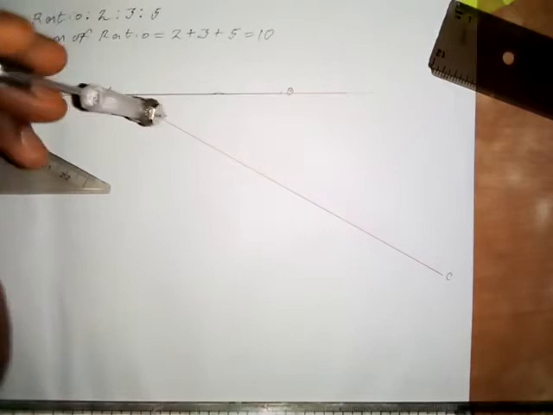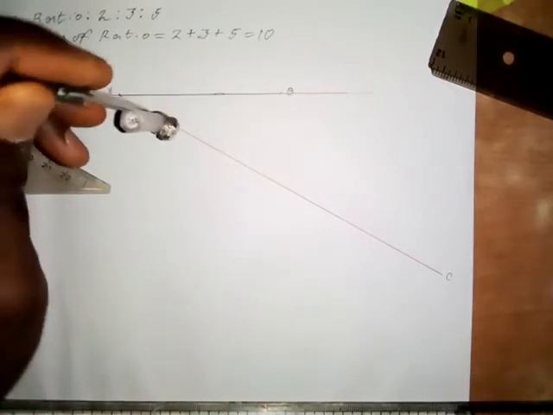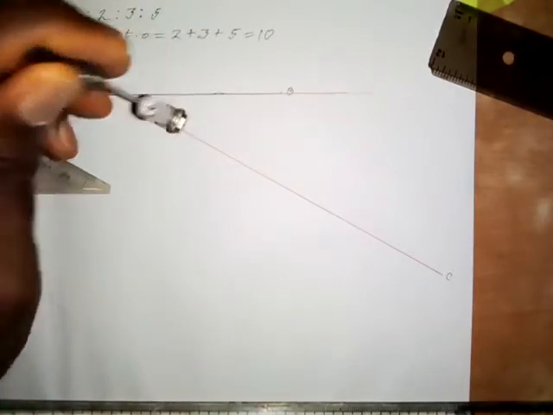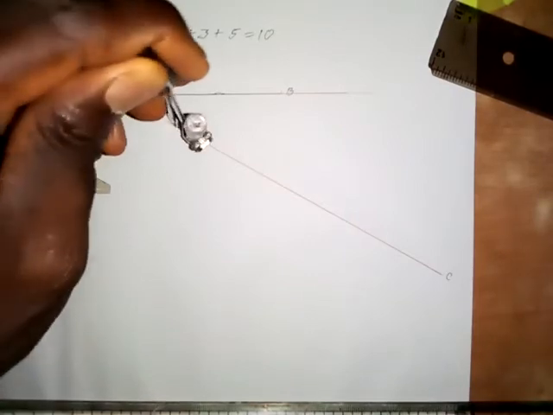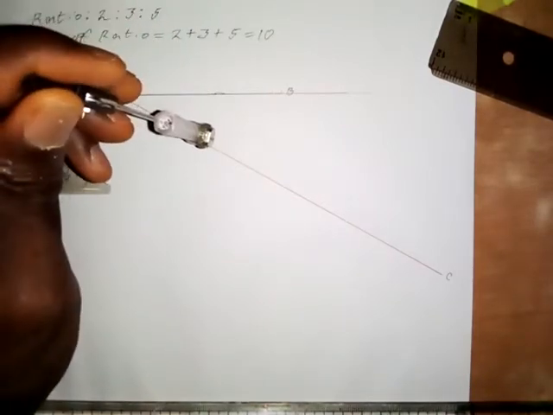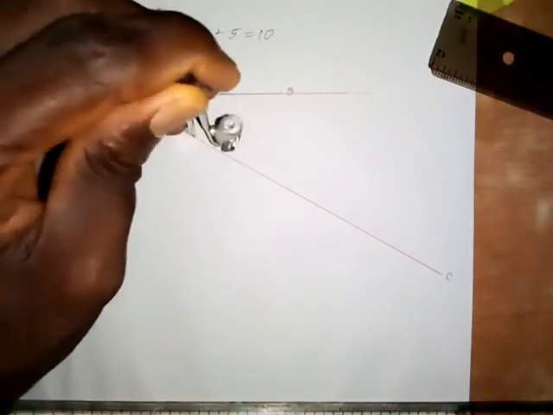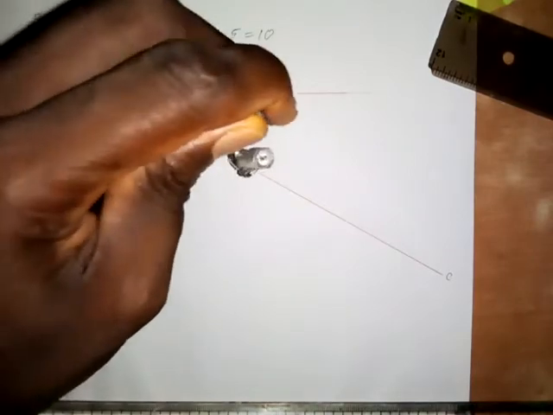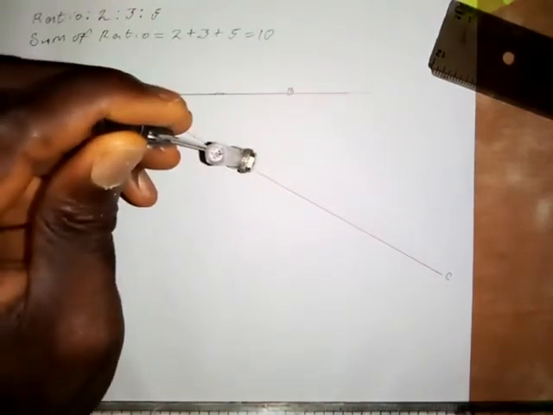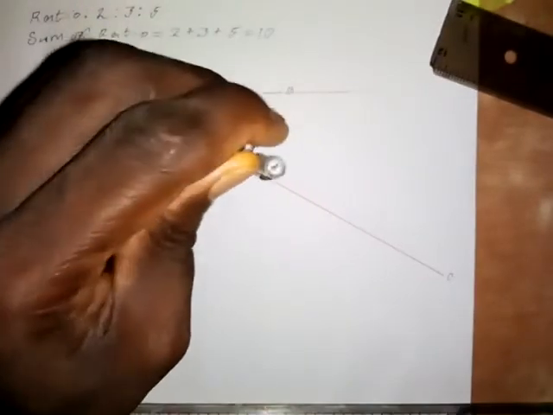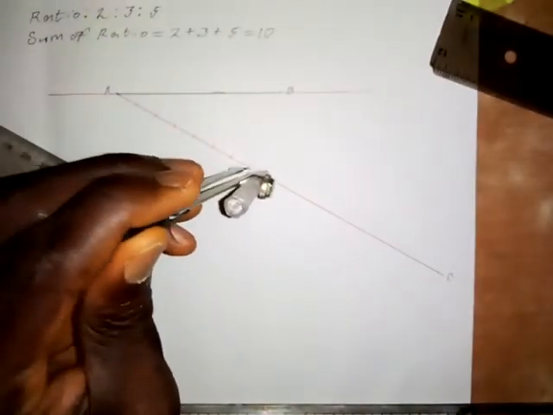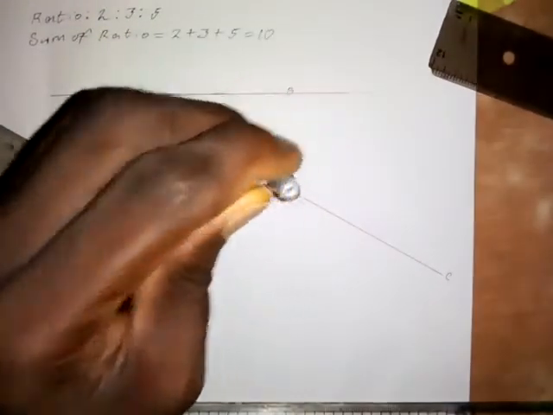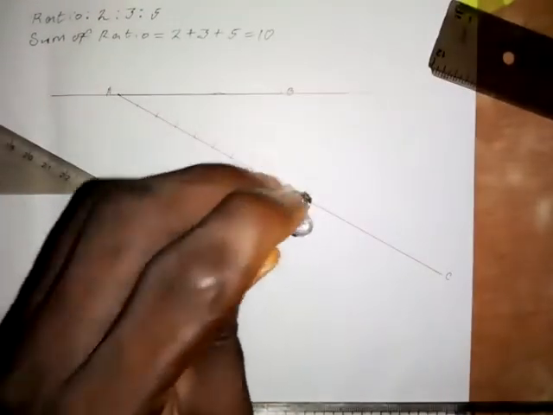So this is 2. Next, we have 3. Next, this is 4. This is 5. This is 6. This is 7. This is 8. This is 9.